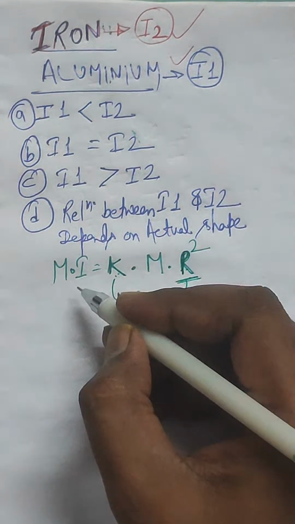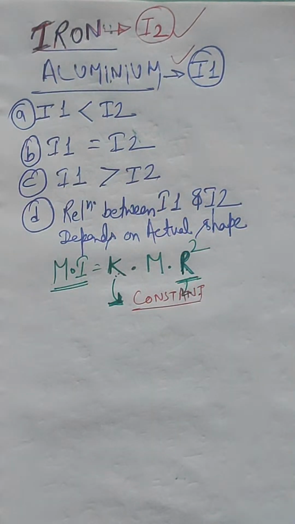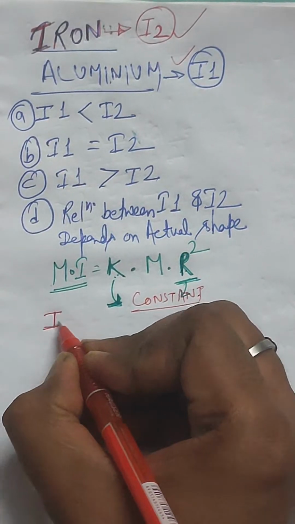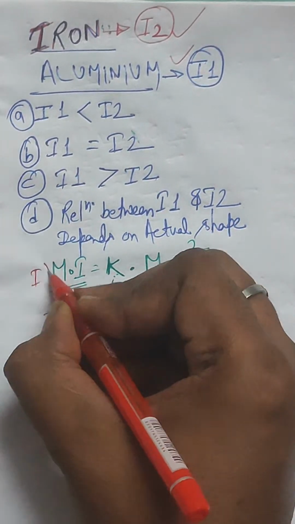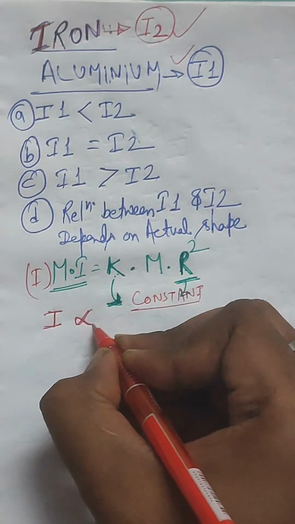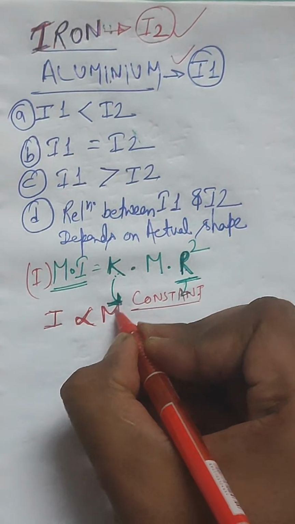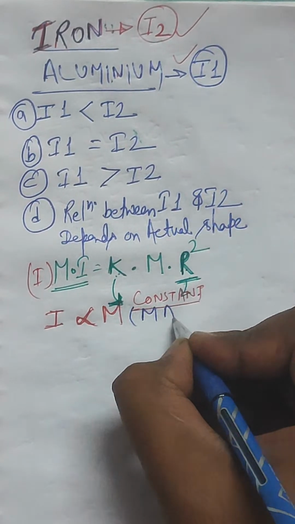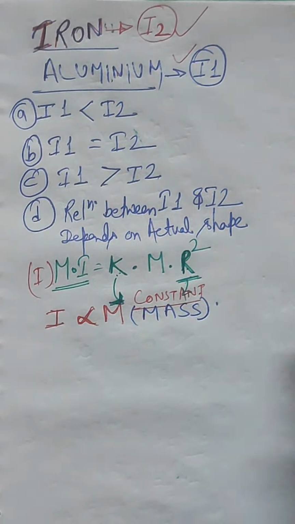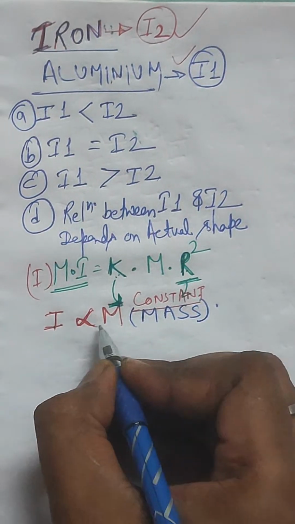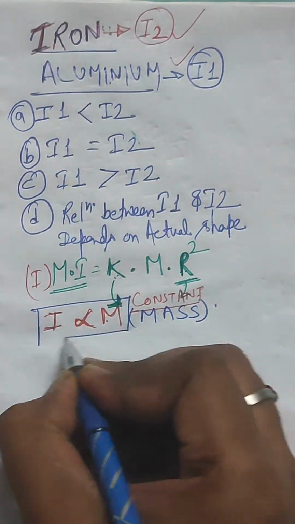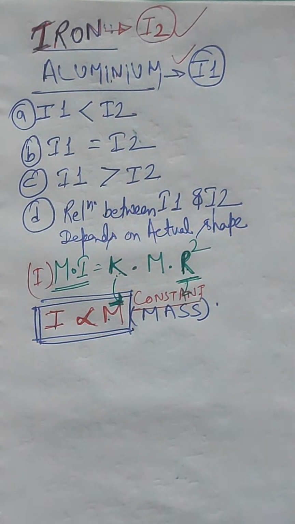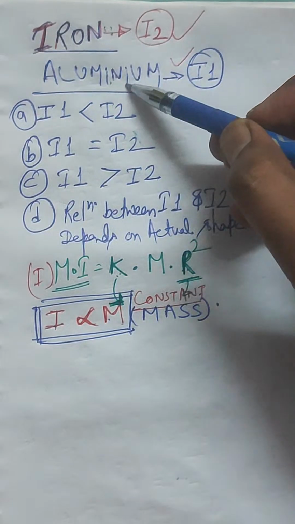From here we can see that the moment of inertia I is directly proportional to m, where m is the mass. We have two bodies, one made of iron, one made of aluminium.